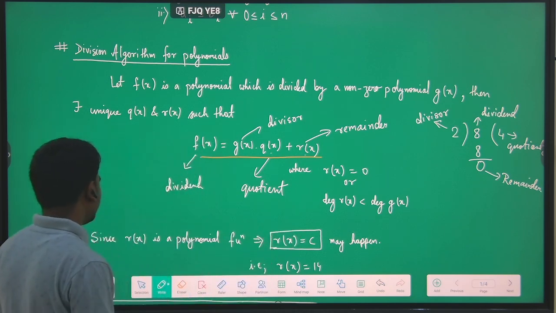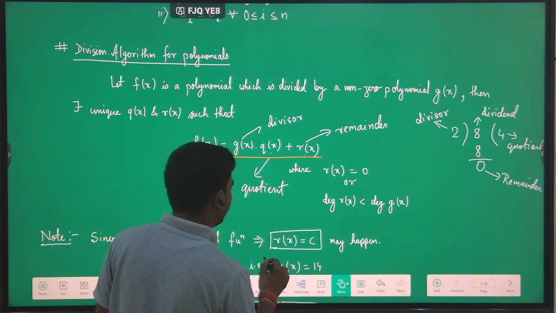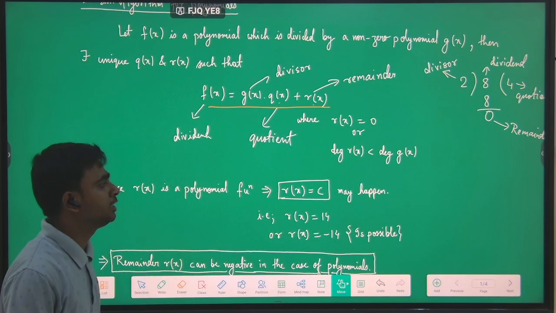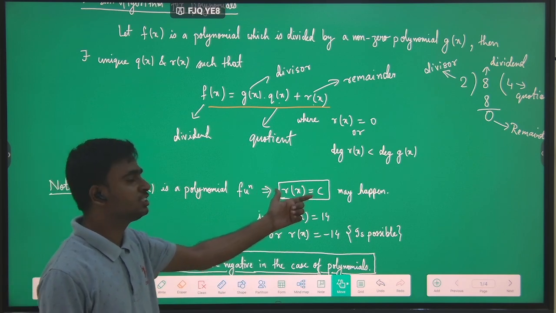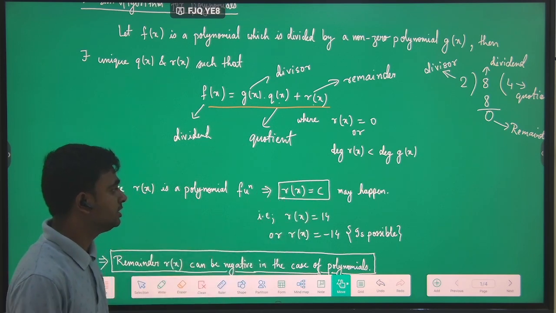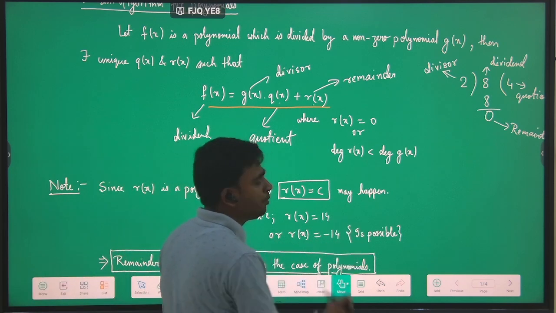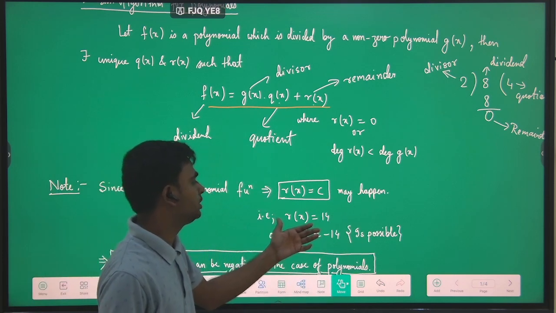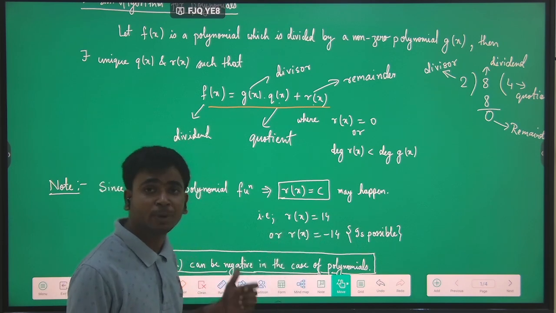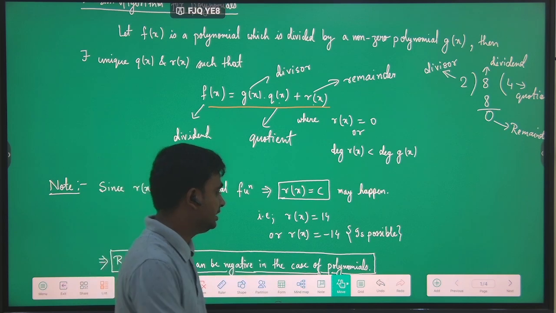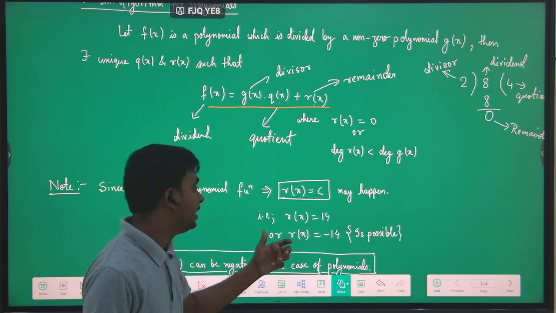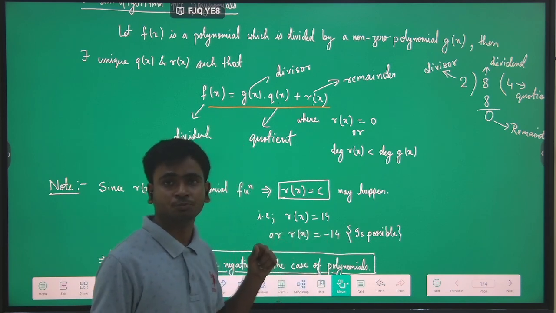If r(x) is some constant, let us suppose r(x) is equal to 14, or let us suppose we get r(x) equal to minus 14, then our remainder polynomial is negative here.